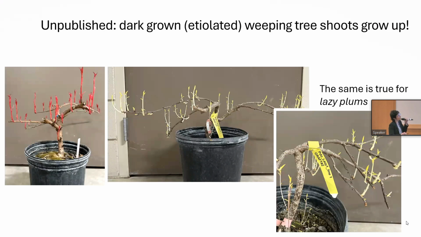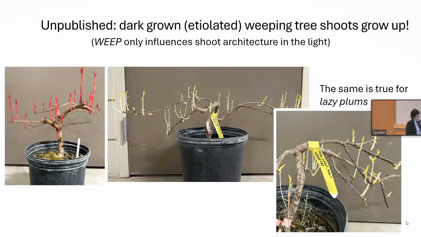This was also true with lazy. And this right here suggests that weep is only needed for this auxin gravitropic response movement in the light. So it only influences shoot architecture in the light.